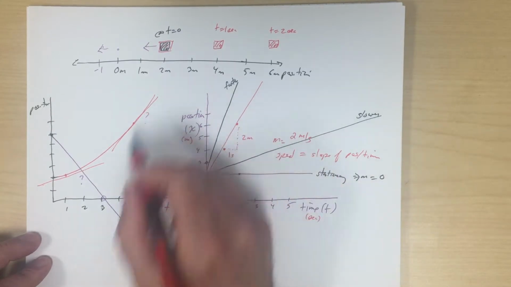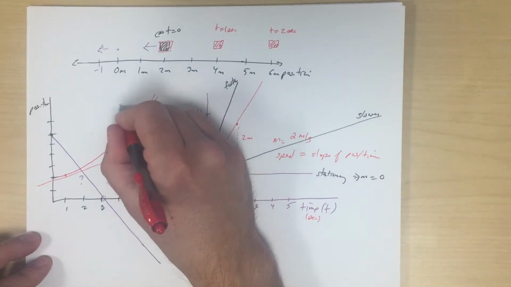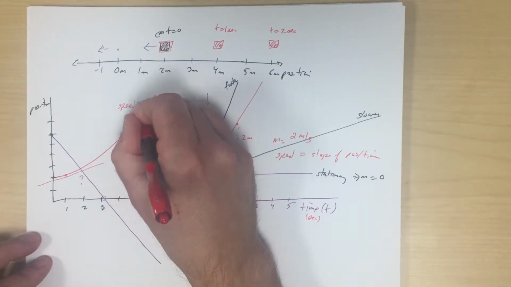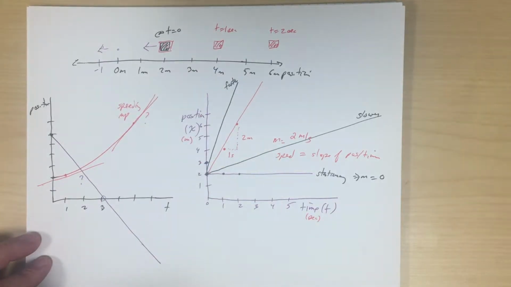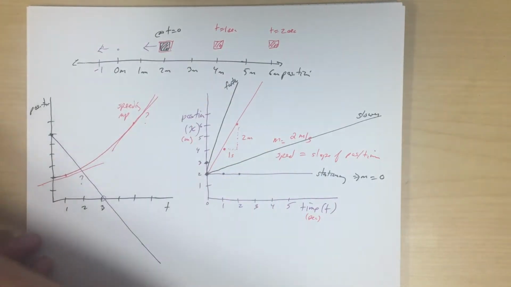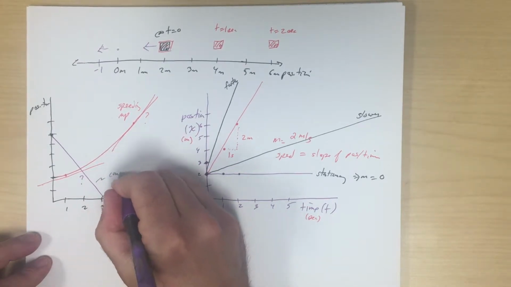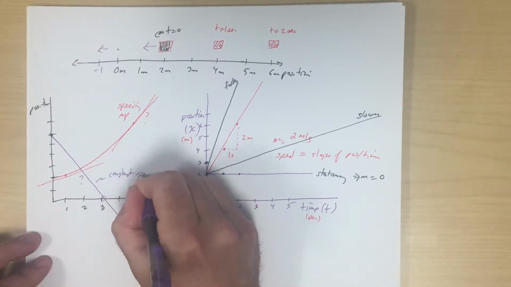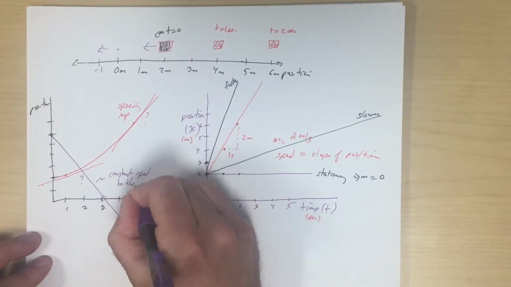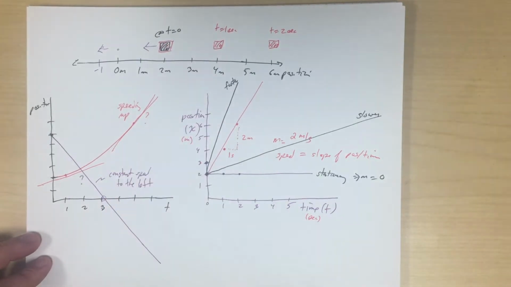The slope is higher later on, so this is speeding up and going to the right. This one is a constant speed to the left. And that's what both of those are.